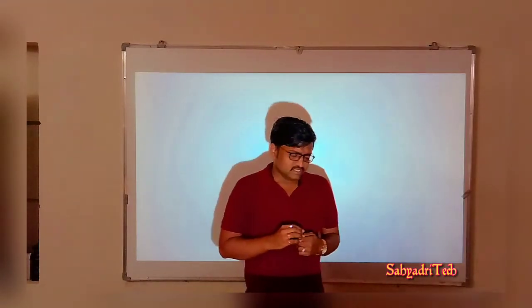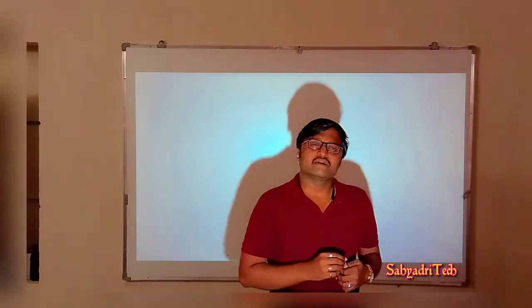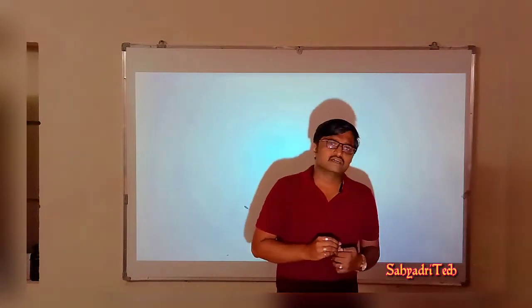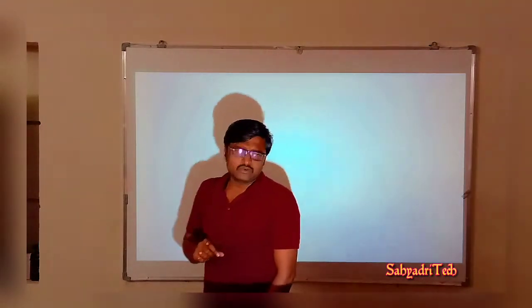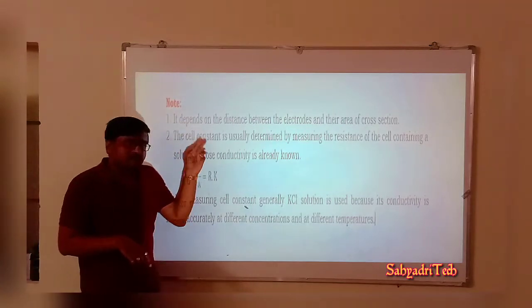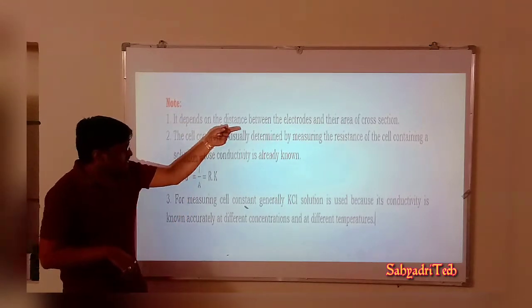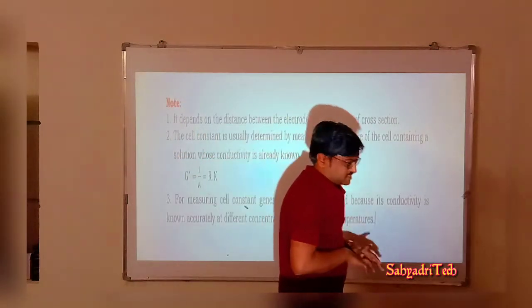What we said: the ratio of length to the area of cross section of a conductor is called its cell constant. Now, continuing with the cell constant, the cell constant of a conductor depends on the distance between the electrodes and their area of cross section.